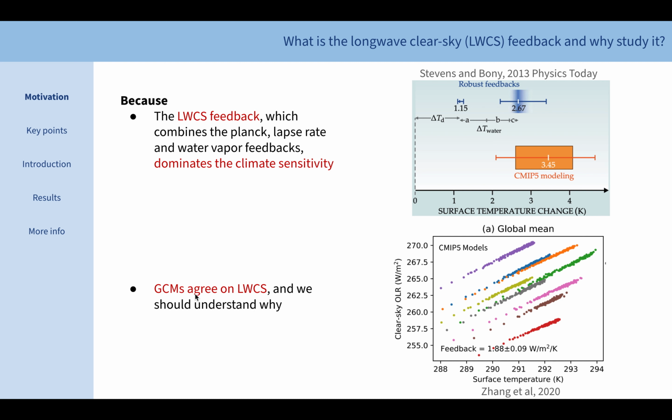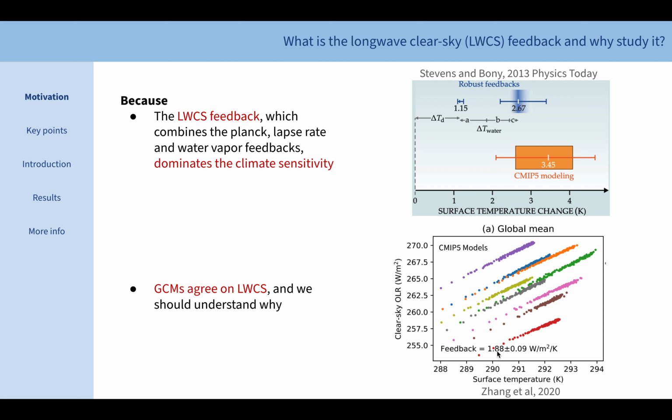Furthermore, GCMs agree on the longwave Clearsky feedback. If you look here at this regression of Clearsky OLR and surface temperature, the slope of this line gives you the longwave Clearsky feedback. You can see that among all these CMIP5 members, the slopes are very similar.